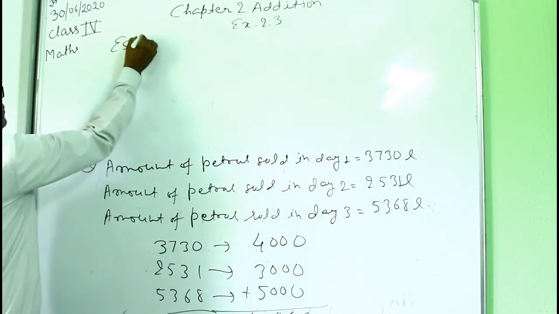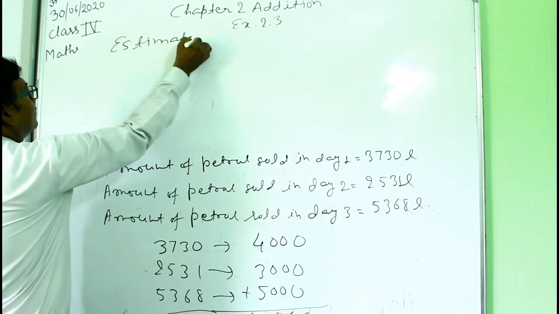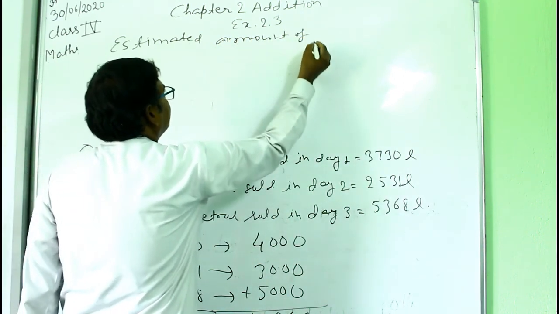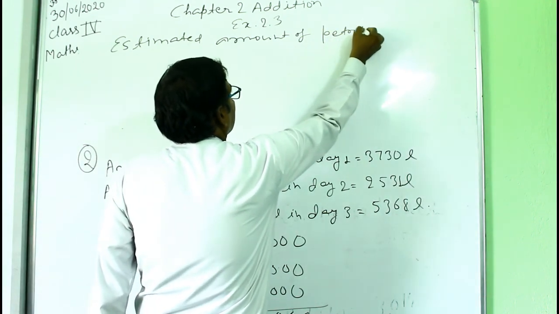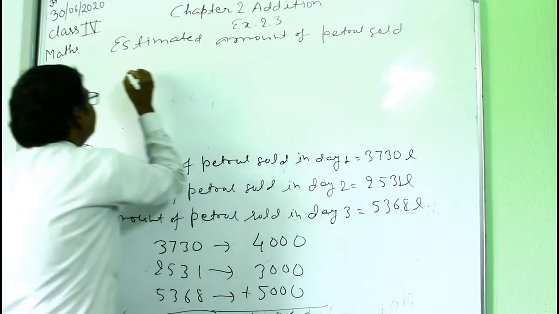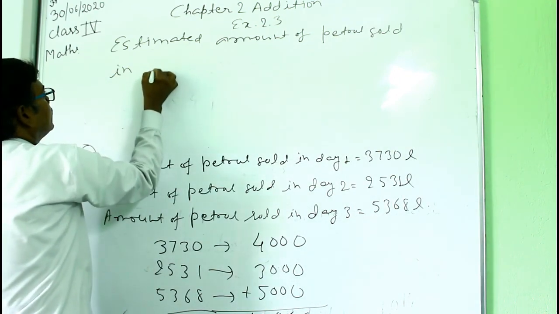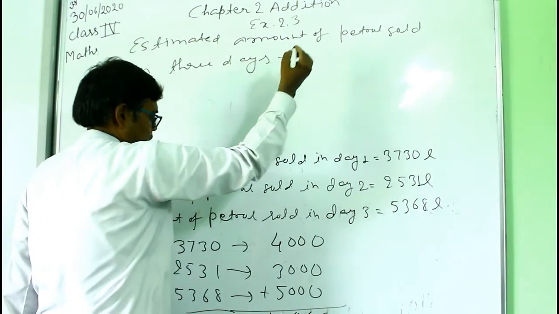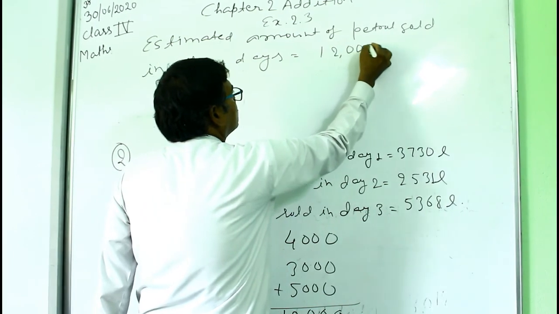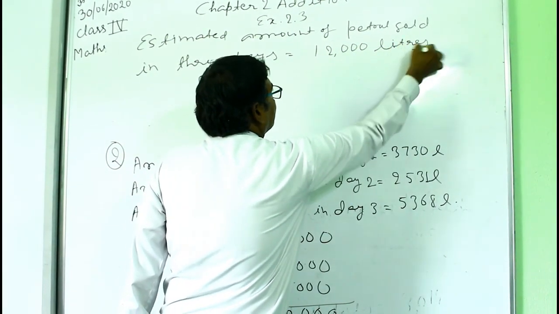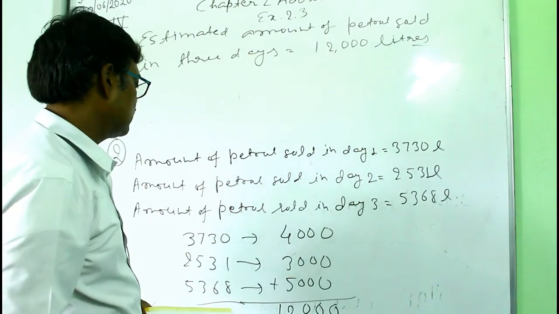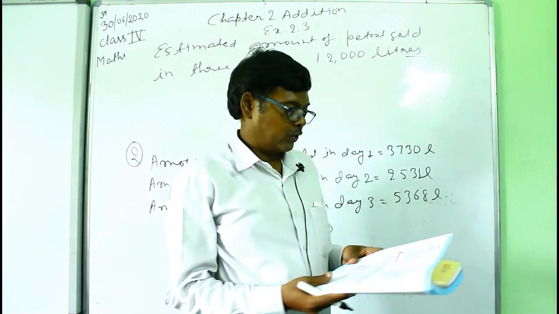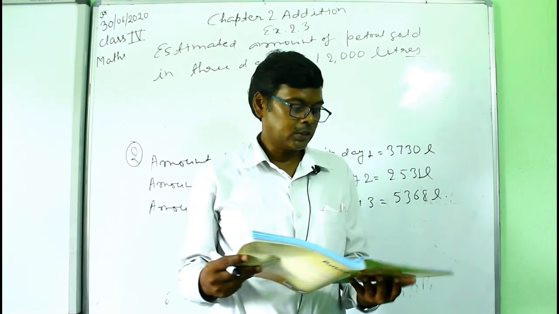You will write that the estimated amount of petrol sold in 3 days equals 12,000 liters. Okay, so this is the answer to this question. So in this way you can estimate, and this question is the last question of this exercise.